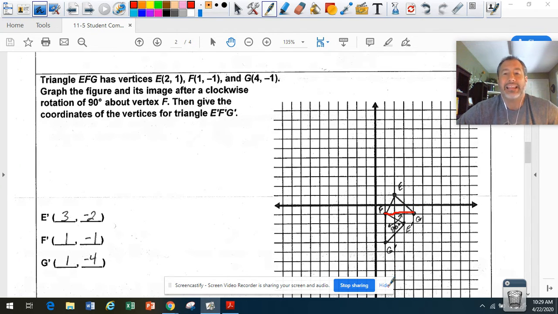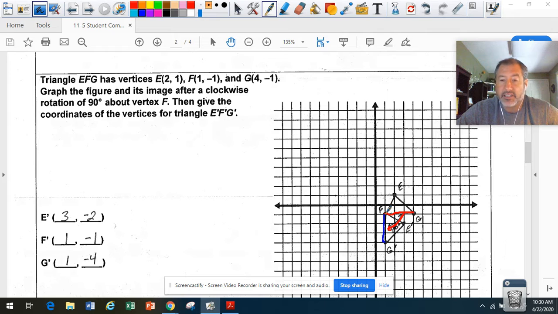Now that's pretty easy to rotate 90 degrees clockwise because here's my horizontal line. If I rotate it 90 degrees clockwise, that's going to give me a vertical line. I'm rotating it around my center of rotation, which is F. So if I rotate this down 90 degrees clockwise, my new point for G is located right here.